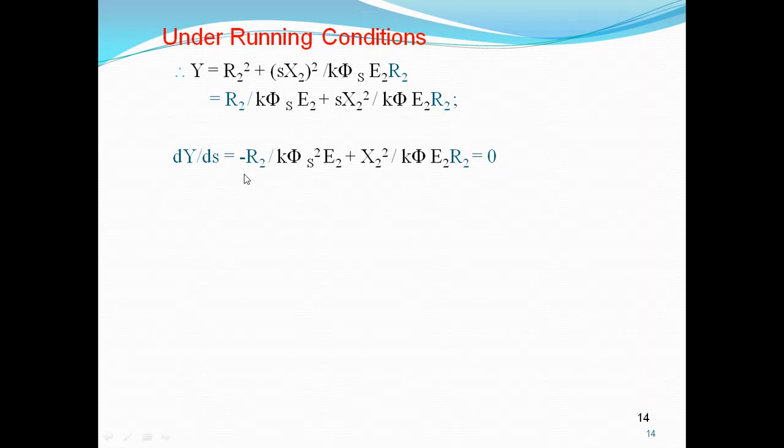So dy by dS is equal to minus R2 by K phi S E2 plus X2 by K phi E2 R2, equal to 0.